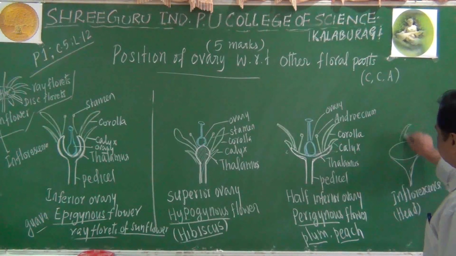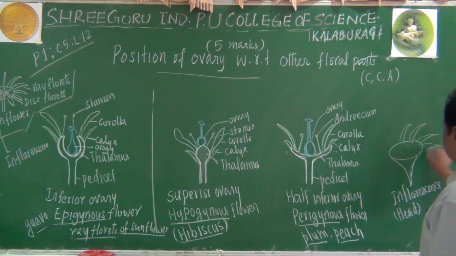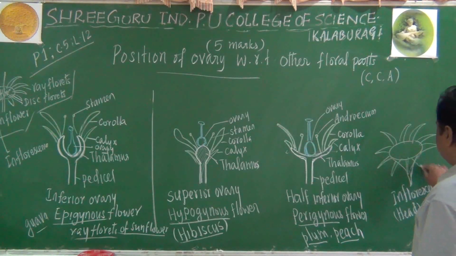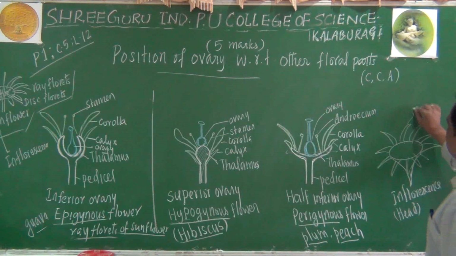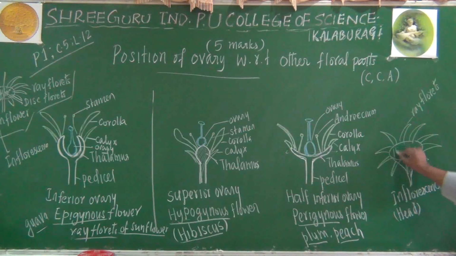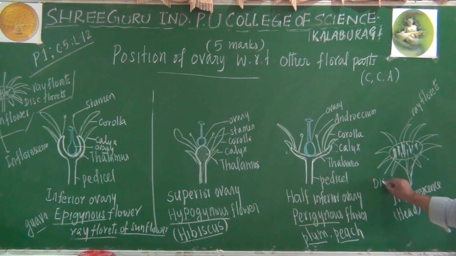In the margin of the sunflower, we can come across yellow colored structures like this. These are called ray florets. In the center, tubular structures are present. These tube-like flowers, many are there. They are called disc florets.